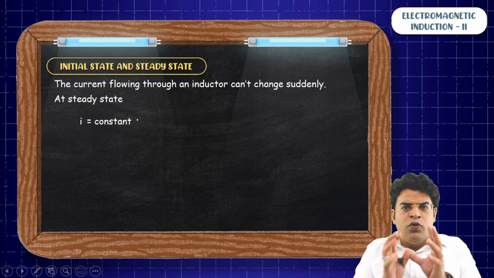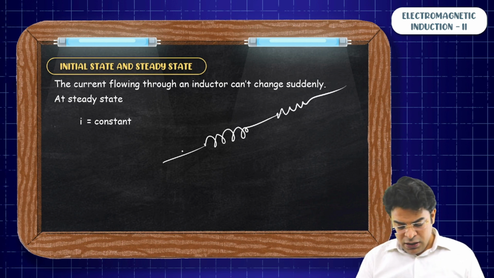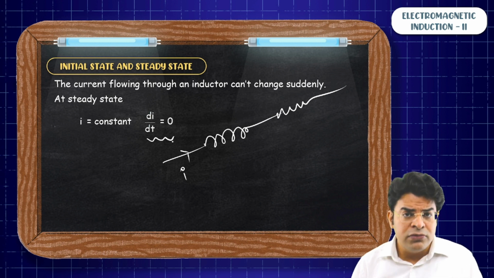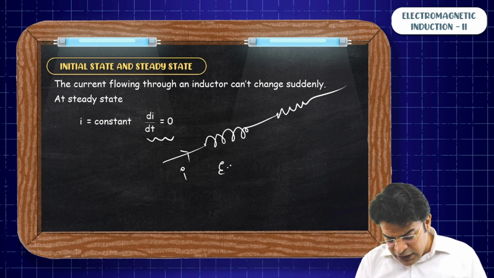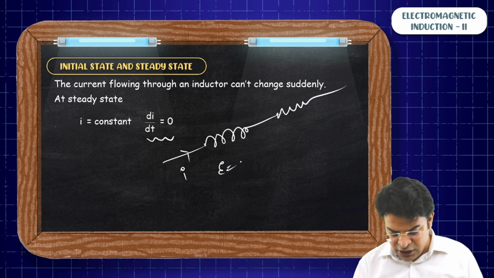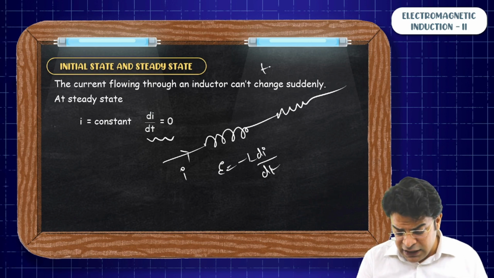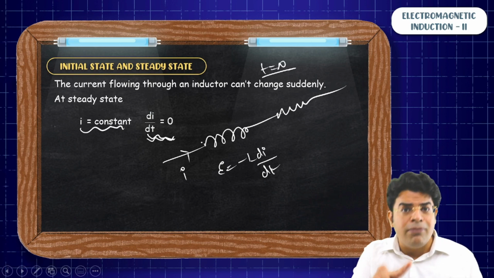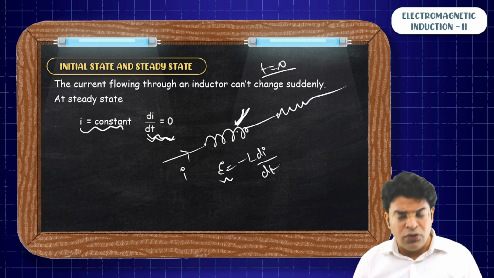If the current flowing in a particular line of the circuit is constant, you will say that di by dt has to be equal to 0. The rate of change of current with respect to time is 0. And we know that the EMF induced across the inductor equals minus L di by dt. So I can say that the EMF across the inductor is 0.